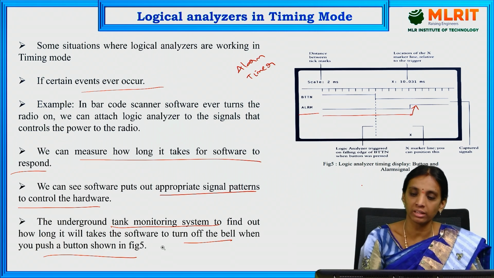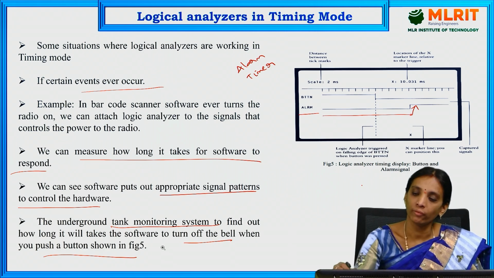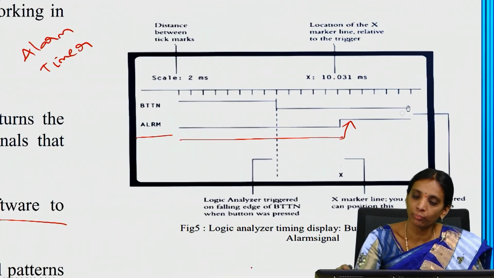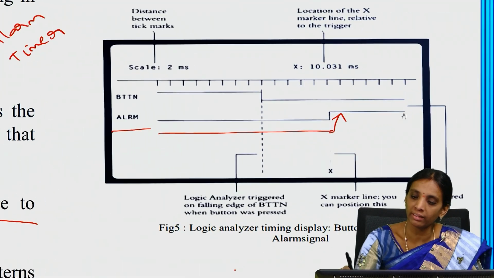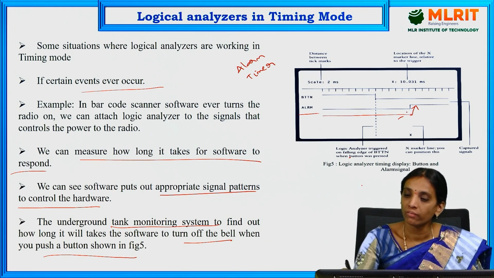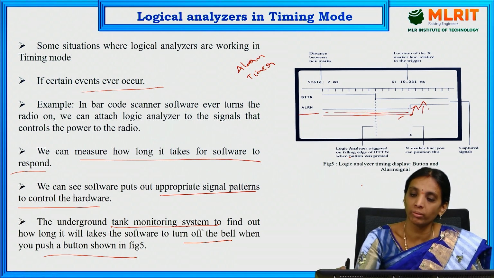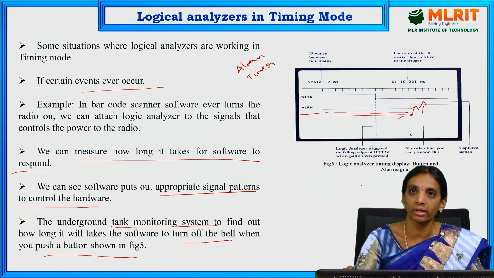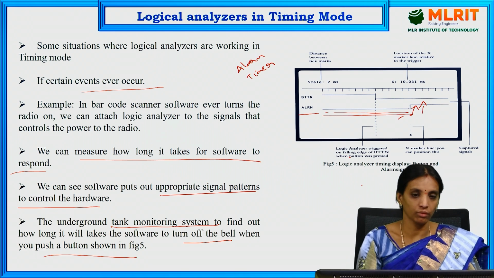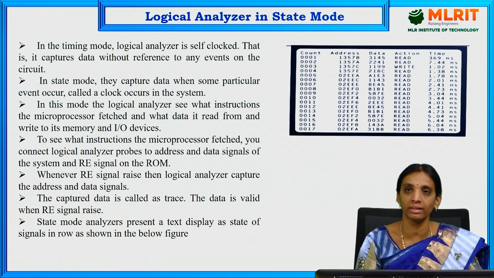Until the tank is full, the alarm signal will be at the low level. When the tank is full, the alarm signal goes to the high level, which indicates that the alarm will be on. Then we need to power off the motor and the alarm bell. So this is the working of the logic analyzer in timing mode.